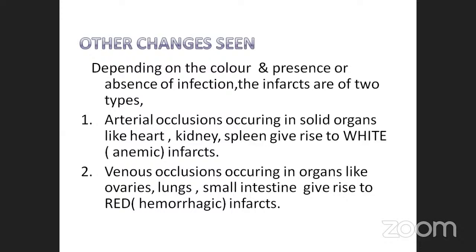Now, depending on the color or presence or absence of infection, the infarct can be categorized into a white infarct or anemic infarct, or a red infarct or hemorrhagic infarct. Usually in the white infarct there is arterial occlusion, occurring in solid organs like heart, kidney and skin.